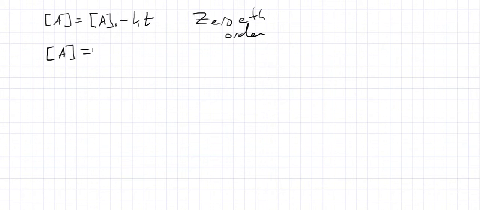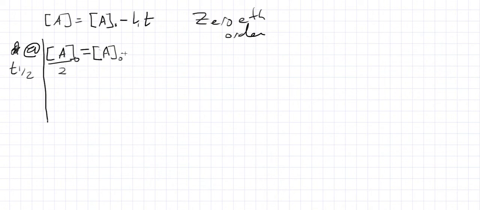A is equal to, so if we're at 1 half-life, then we can say that we've got A0 minus kt.